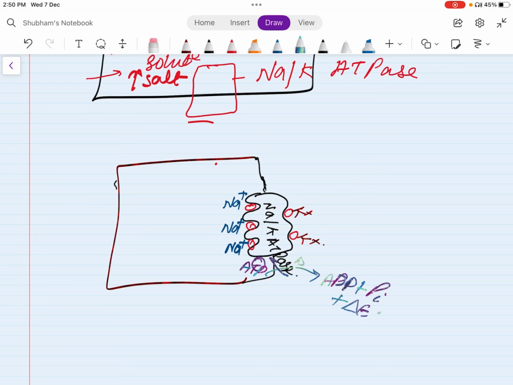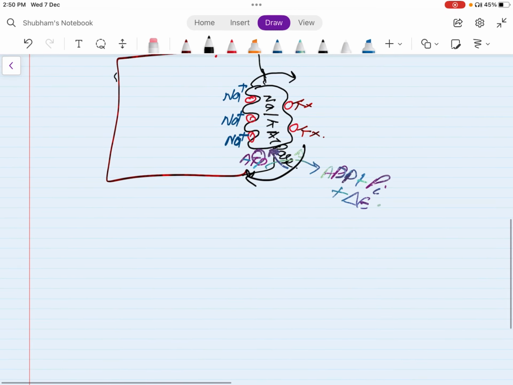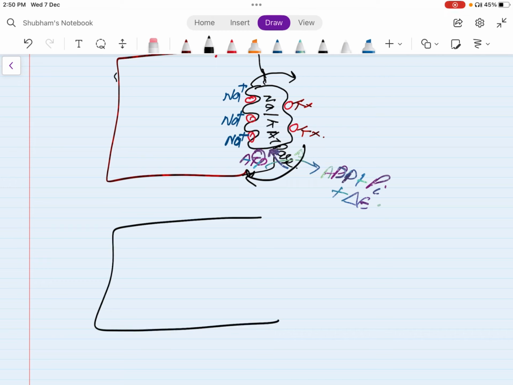And what will this energy do? It will change the enzyme. What will happen to the enzyme? It will revolve around and change its shape. From this, it will become like this.